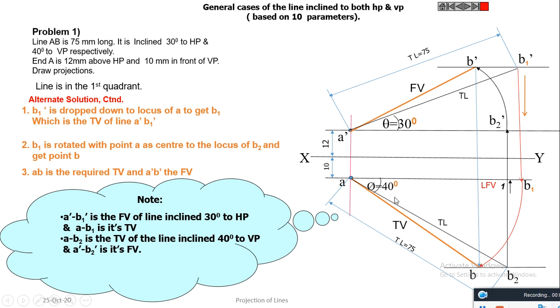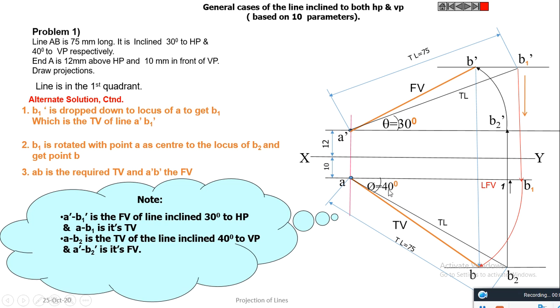Similarly, A B2 is the top view of the line inclined at an angle 45 degree with VP and parallel to HP.